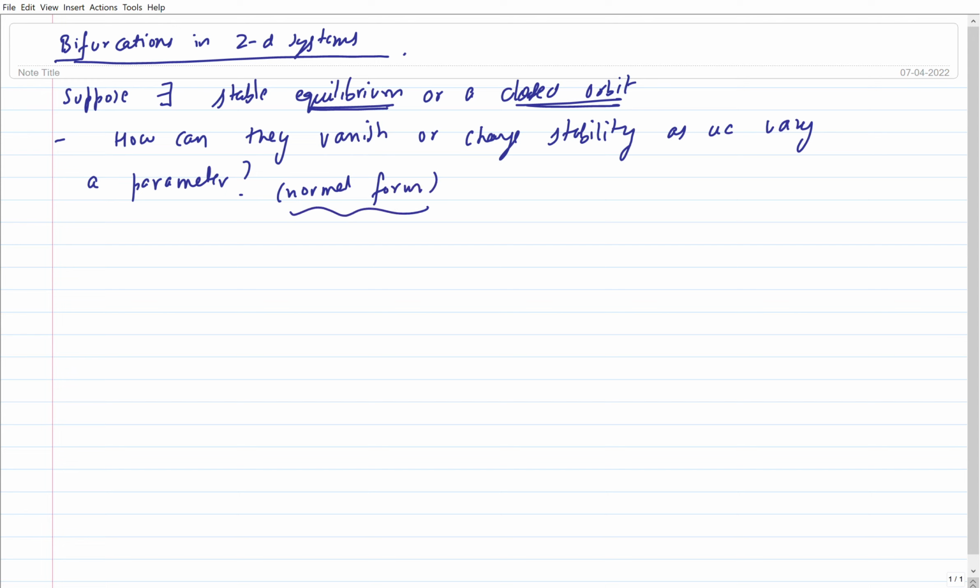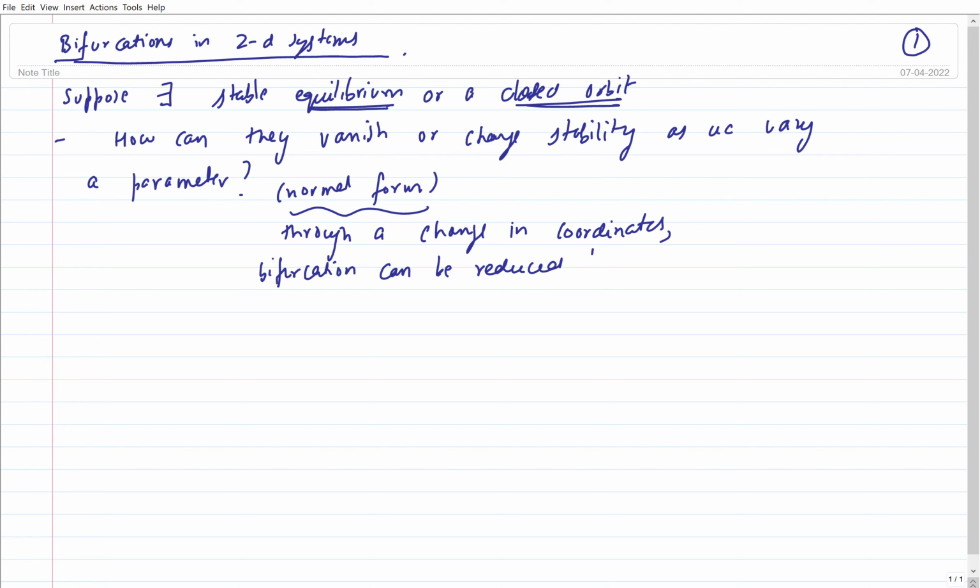And the idea was that through a change in coordinates, it's possible to reduce the bifurcation to a standard form.